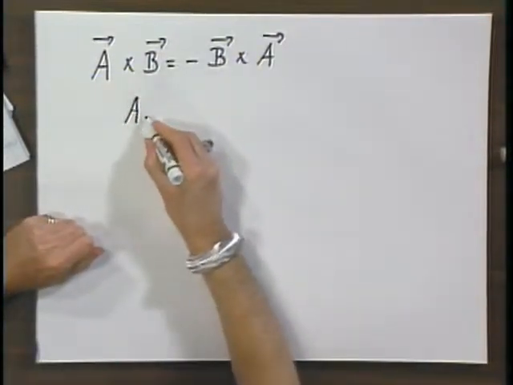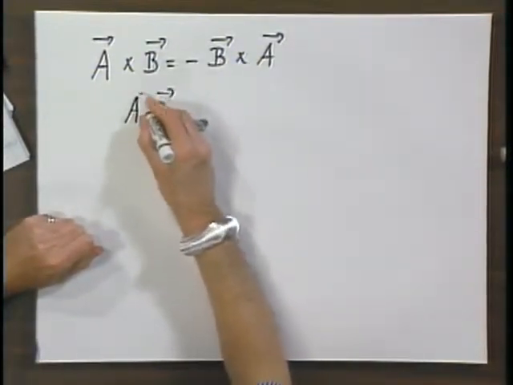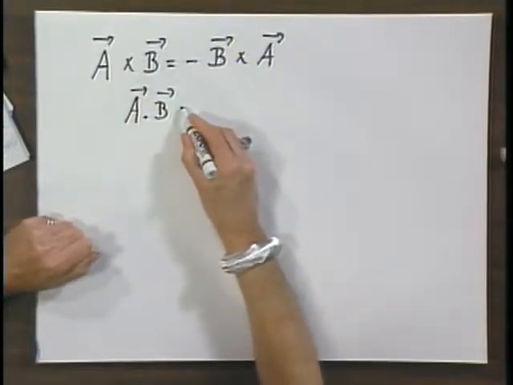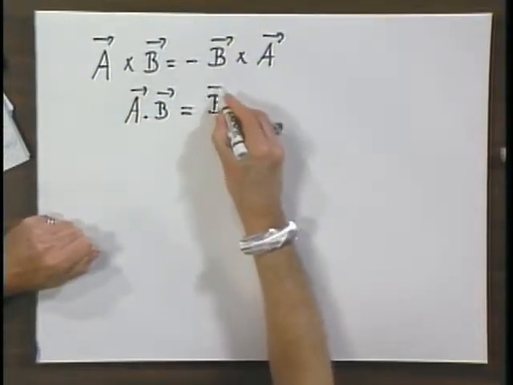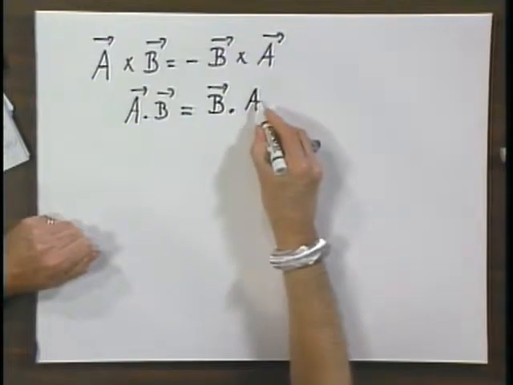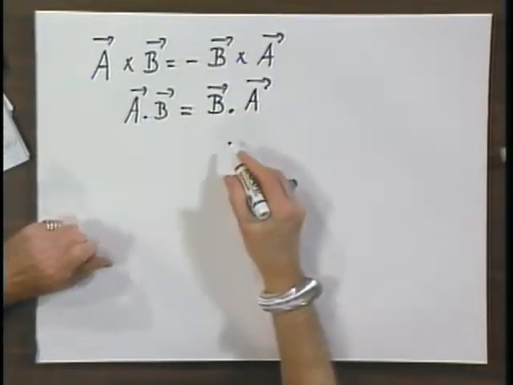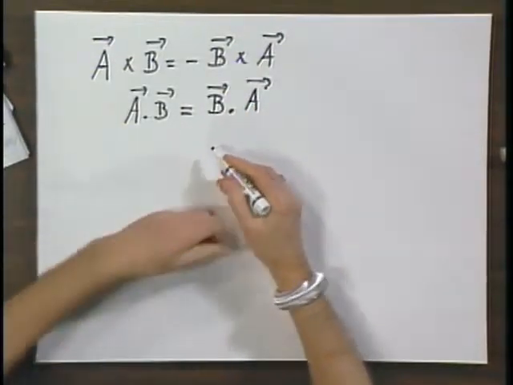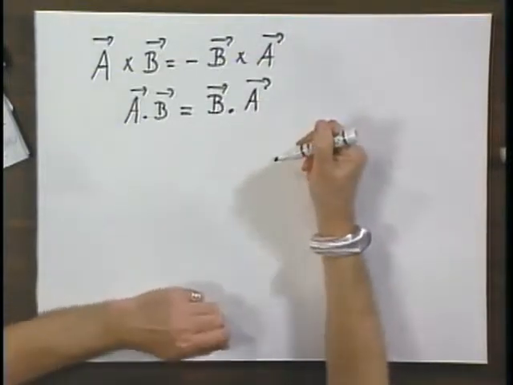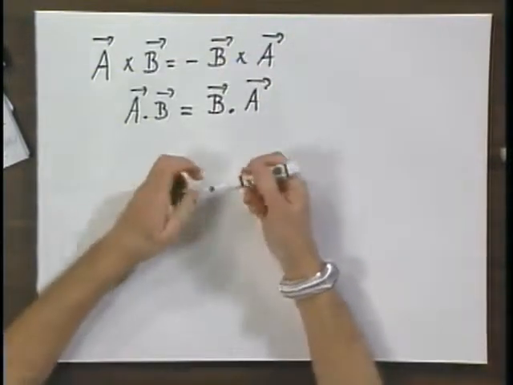Very different situation we have with dot products, whereby A dot B is the same as B dot A. So now we know the direction of the cross product. We discussed that in detail.